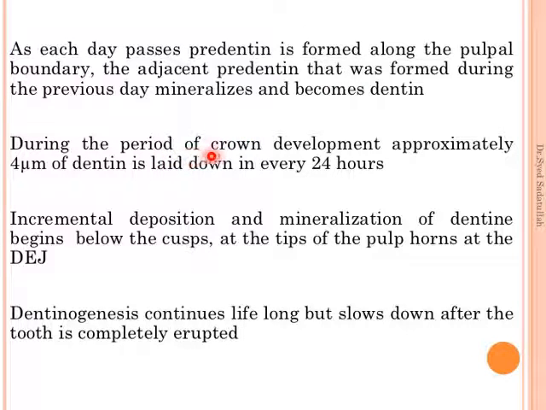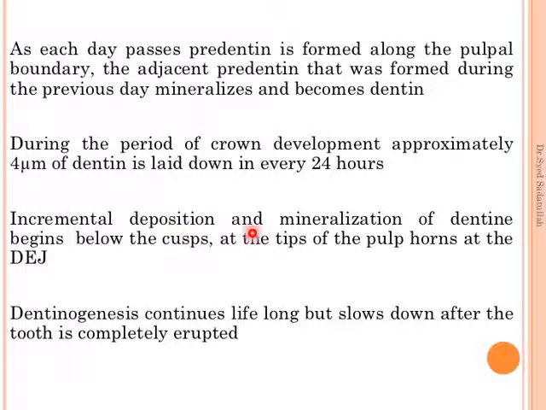During the period of crown development, approximately 4 micrometers of dentin is laid down every 24 hours. So daily formation of predentin is about 4 microns.